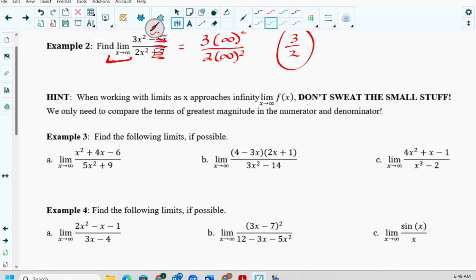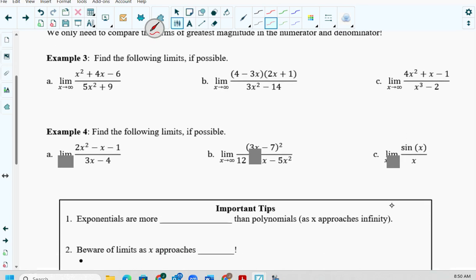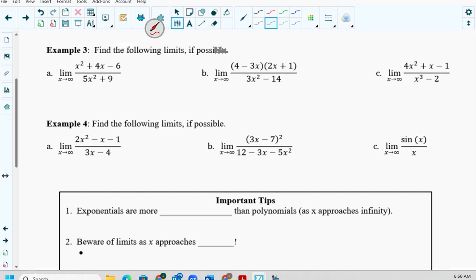So this, don't sweat the small stuff, that's talking about you don't have to worry about the constants or the things that are not the highest degree. Okay, just ignore them completely. All right, you guys try A, B, and C here. Let's see how we do on those.